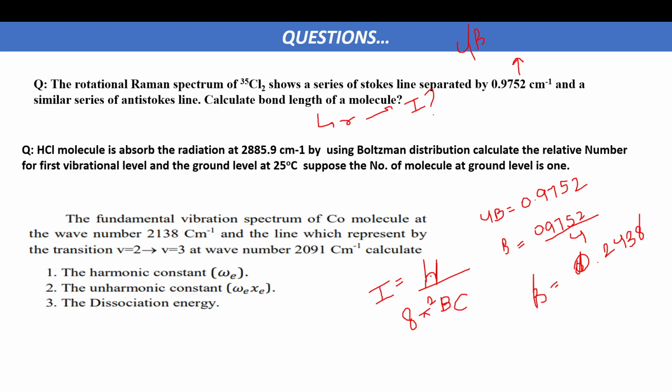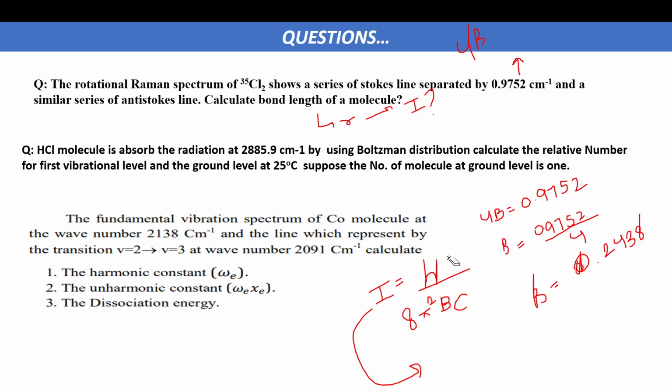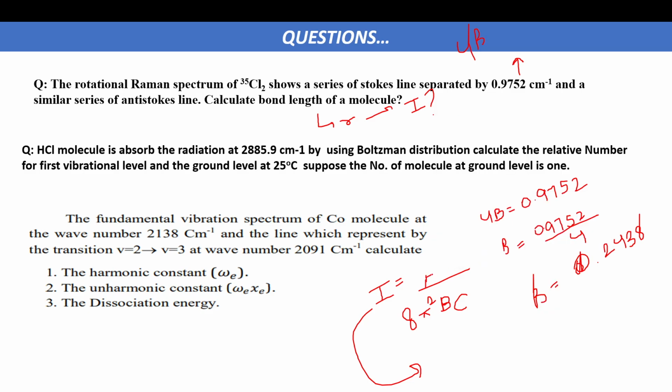So now we know h is 6.626 into 10 to the minus 34, 8 pi you know, B you already know, c you also know. So from here calculate I and tell me what is the value of I. So what was the value of moment of inertia here?